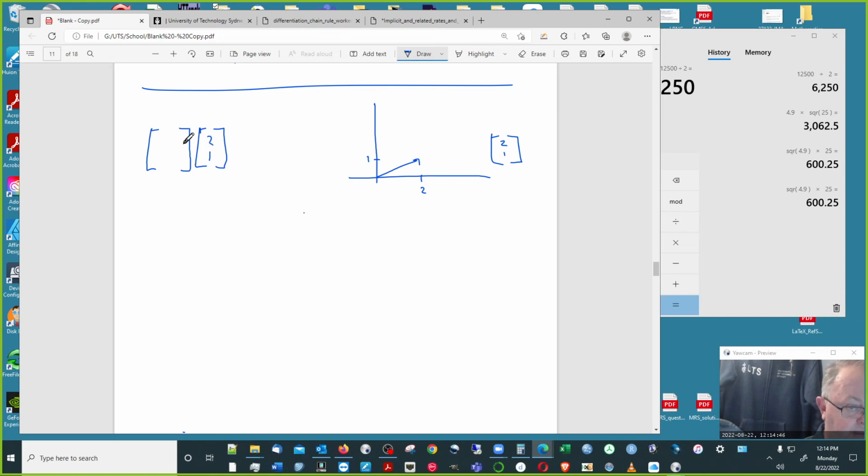Now there are rules about this, and I want my matrix to be changed from a 2 1 to a 1 2. So I want my V to be changed to a U, which equals some transformation matrix times V. This is very important for eigenvectors.